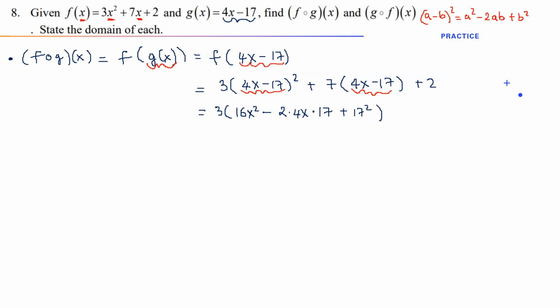Now we continue with the next term, plus 7 times 4x, that is 28x, 7 times negative 17 is minus 119. And then plus 2.